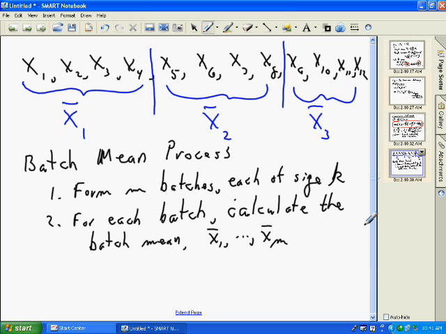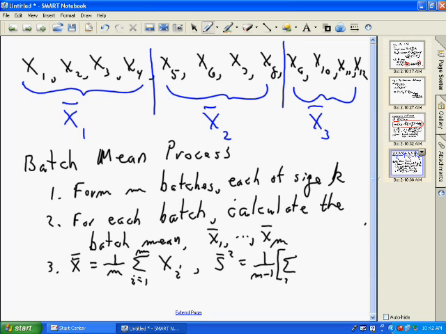So now we're going to do our confidence interval based on those batch means. We need to calculate X bar bar, which is equal to 1 over M of the summation from I equal 1 through M of X bar sub I, and S bar squared, which is equal to 1 over M minus 1 of the summation of X bar sub I squared minus M X bar bar squared.